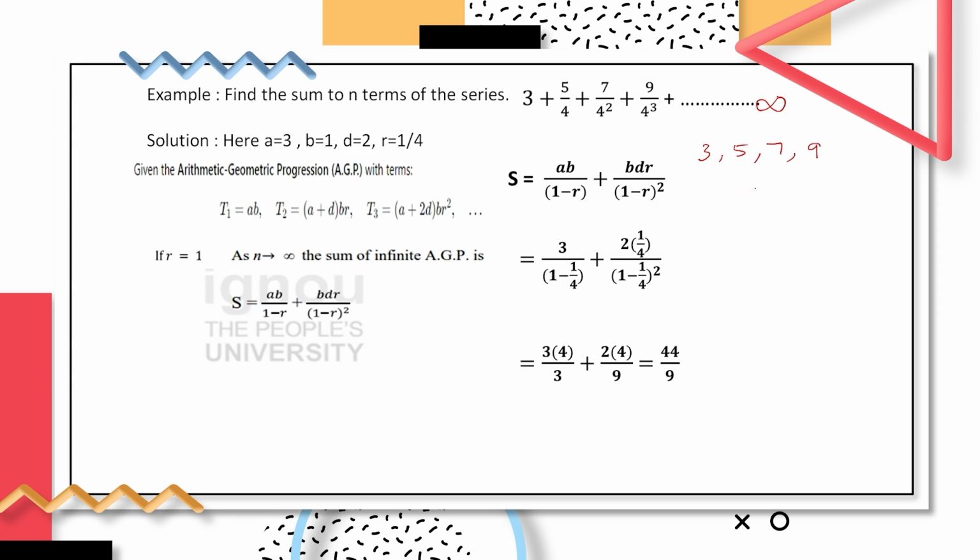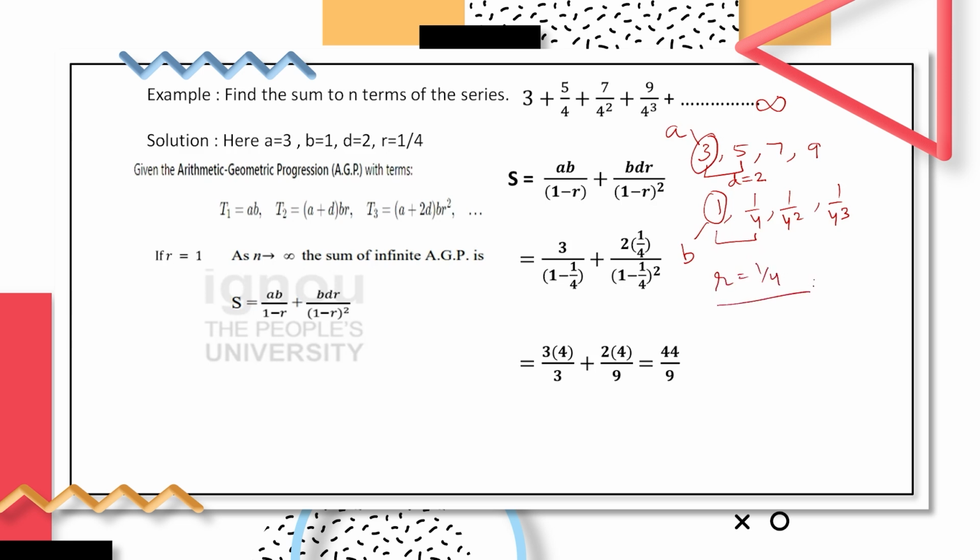And the other pattern is 1, 1 by 4, 1 by 4 square, 1 by 4 cube. So, in the arithmetic progression, the first term A is equal to 3. In the geometric progression, the first term is equal to 1. The common difference D is equal to 2, since 5 minus 3 is 2, and the common ratio is 1 by 4.